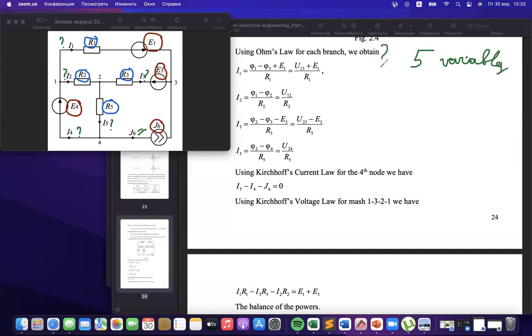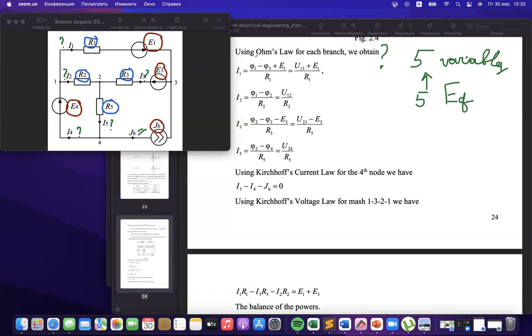If we have 5 variables, then we have to write 5 equations to solve this system. It is defined mathematically. And we are writing equations according to the laws that we have.